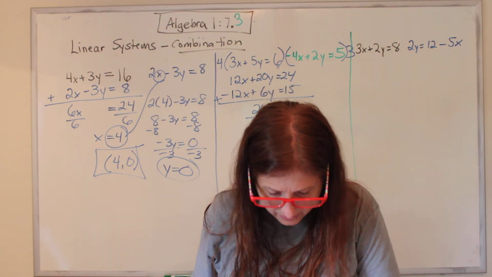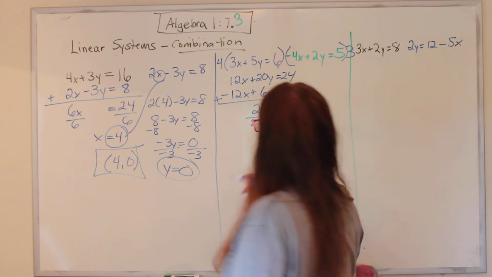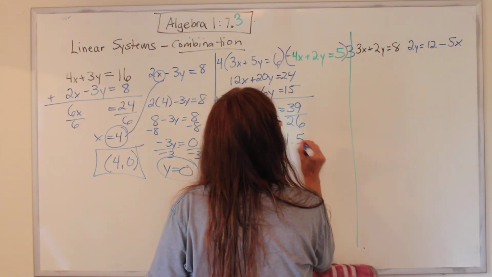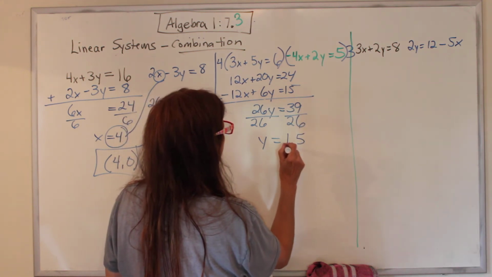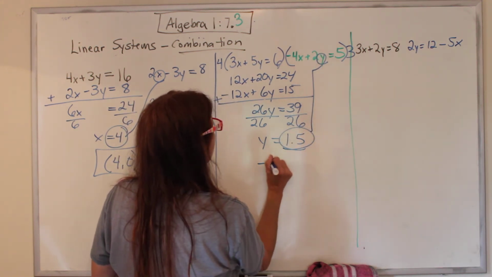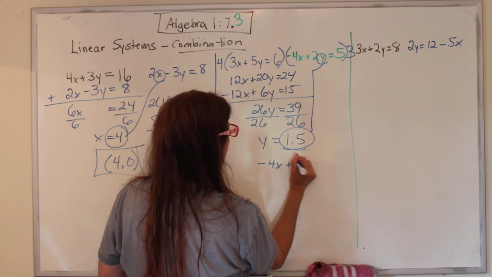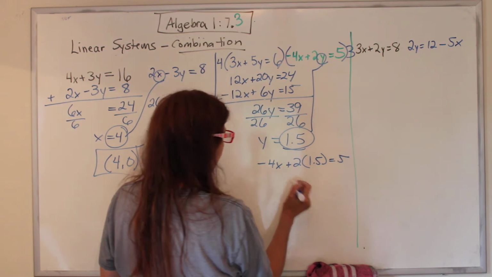Let's cheat and see why this is so weird. Because it ends up being 1.5. I remembered that it was weird, I didn't remember how. Alright, so now I'm going to put it back in one of these. I'm going to put it in that one. So negative 4x plus 2 times 1.5 equals 5.